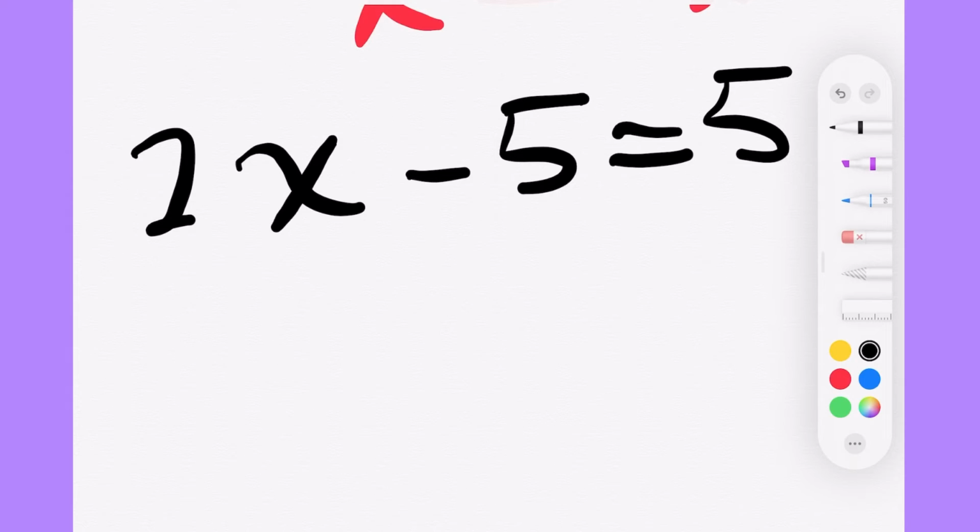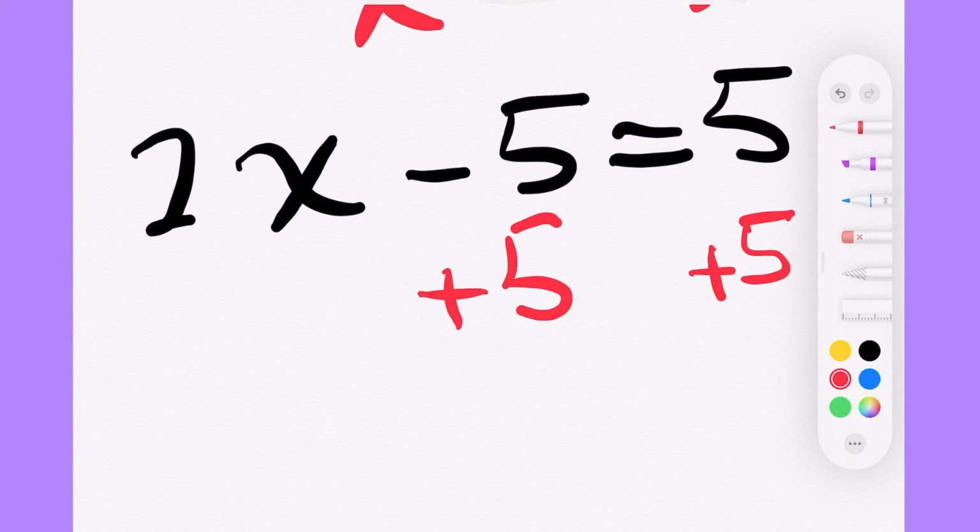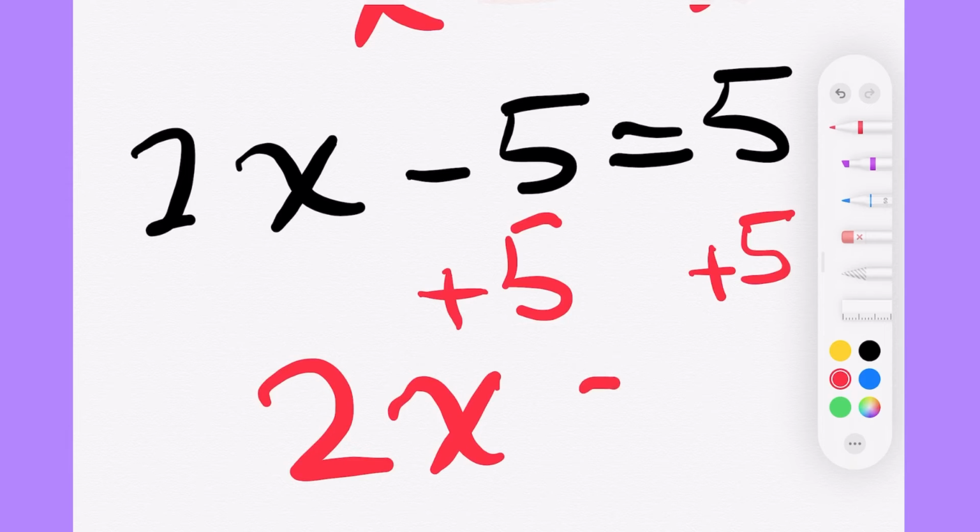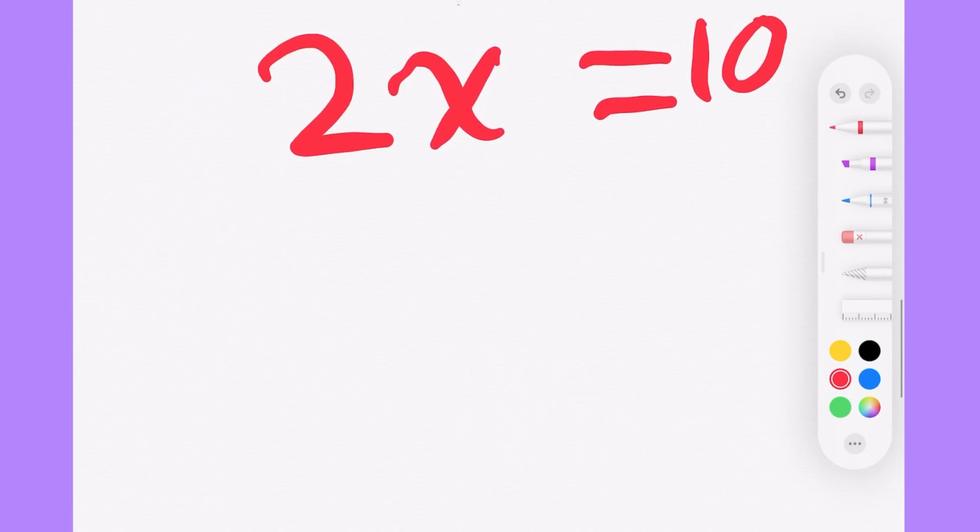2x minus 5 equals 5. We do the same thing. We have negative 5. We add the opposite of it, which is positive 5, to both sides. We are here left with 2x, and here on the right, 5 plus 5, it's 10.